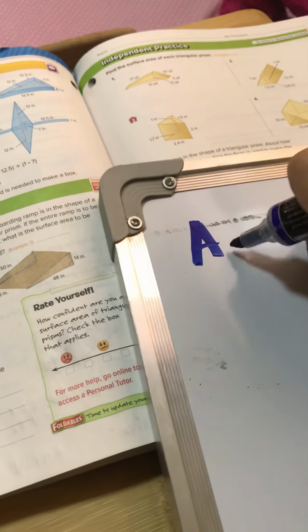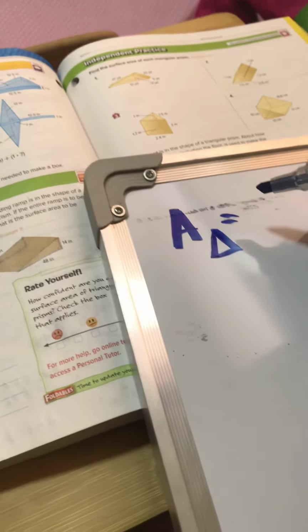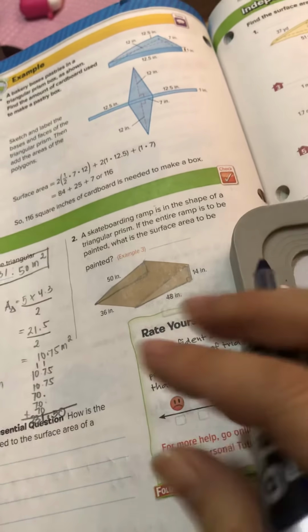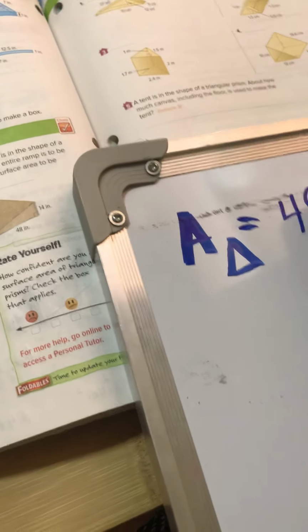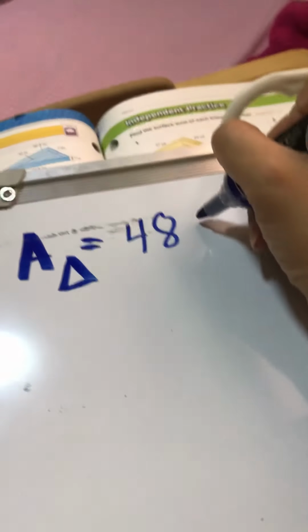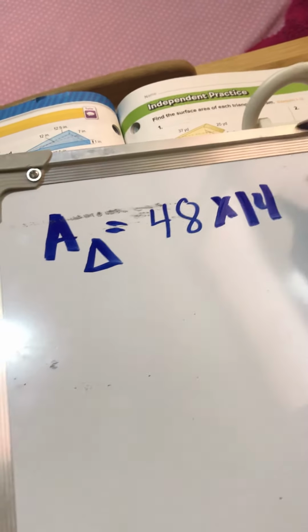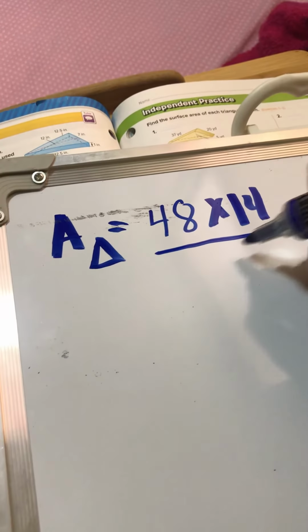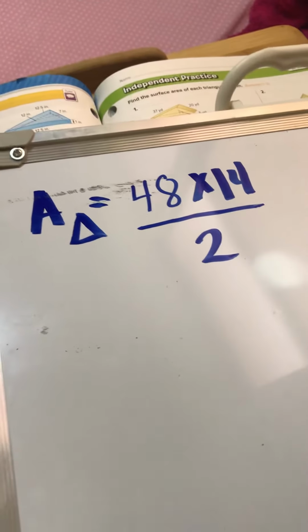Area of triangle equals, the base is this one, 48, and the height, this part, is 14. So 48 multiplied by 14 divided by 2 since it's a triangle.